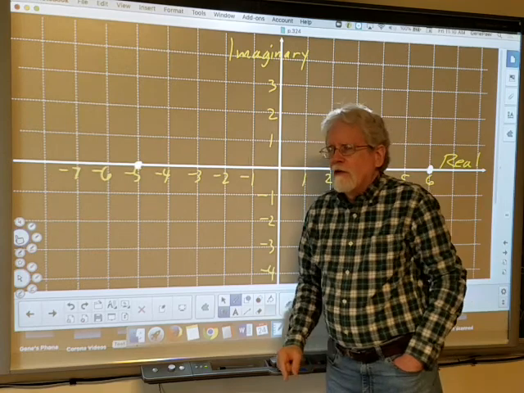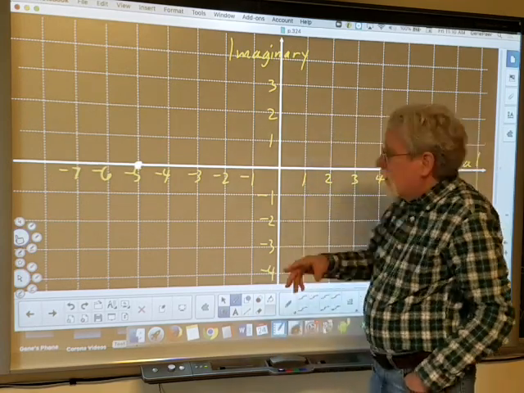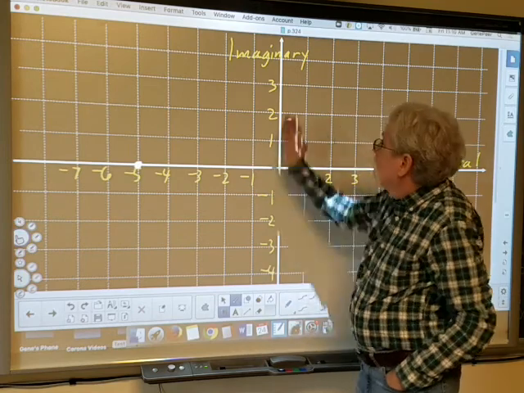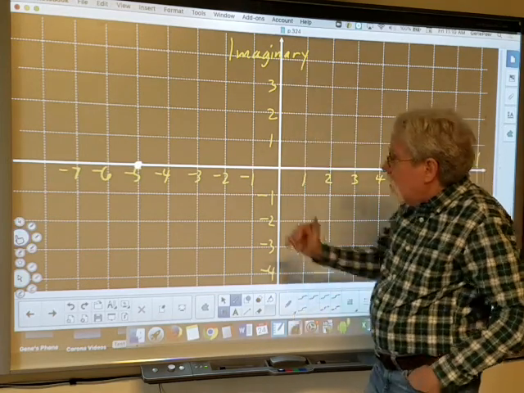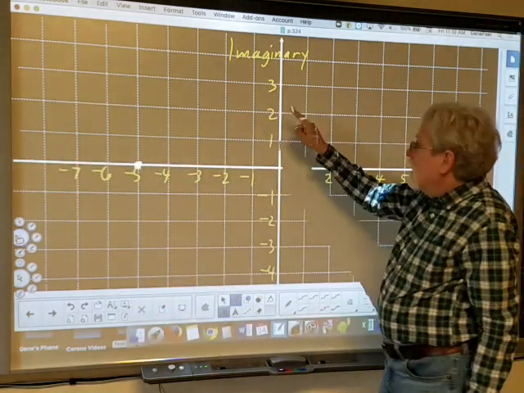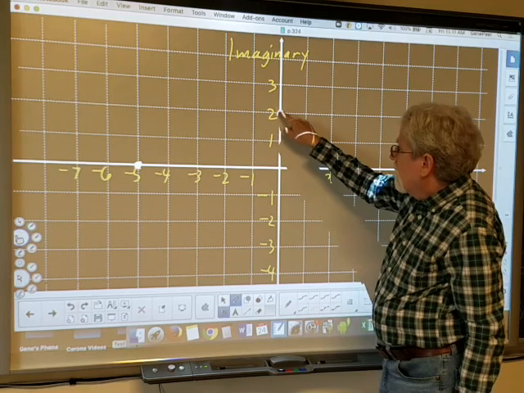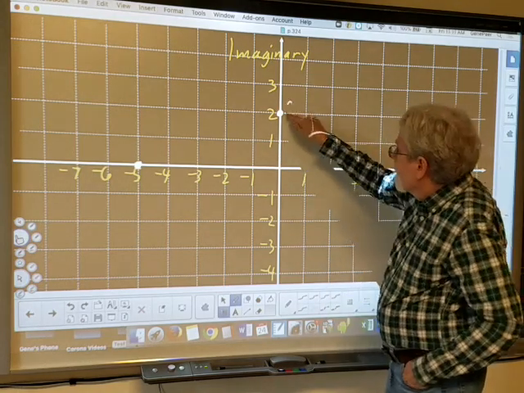But the imaginary number 4i, oops, can't fit it on here. How about 2i? This is the imaginary axis, so the imaginary number 2i, which has no place on the real number line, we locate it here. That's 2i.